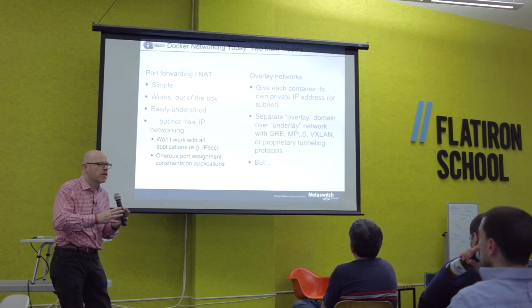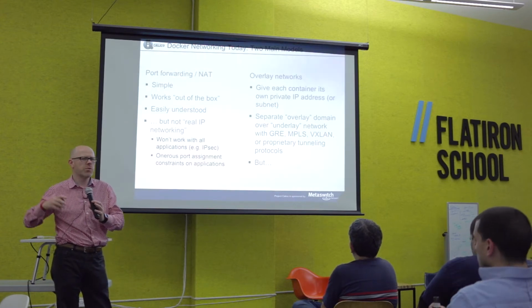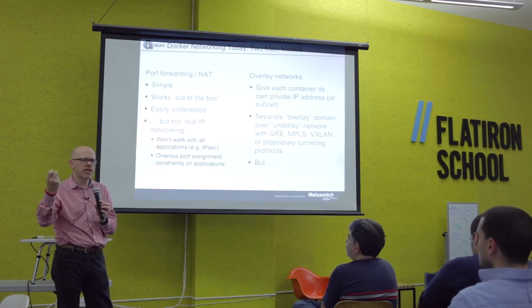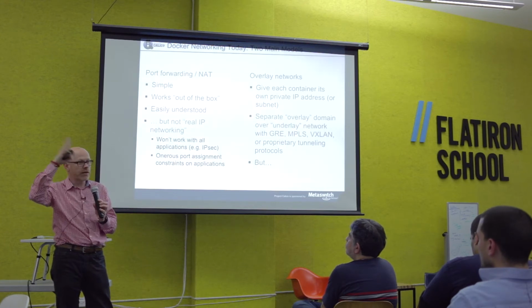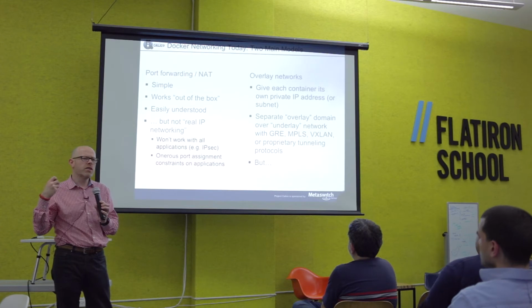So moving on from that, people have looked at what the solution for this is. Well, let me give each container its own IP address, then it can do whatever it wants with its ports inside that IP address. The typical way this is done is with what's called an overlay network, where you're essentially making a private addressing space and running encapsulated over the underlying real network.